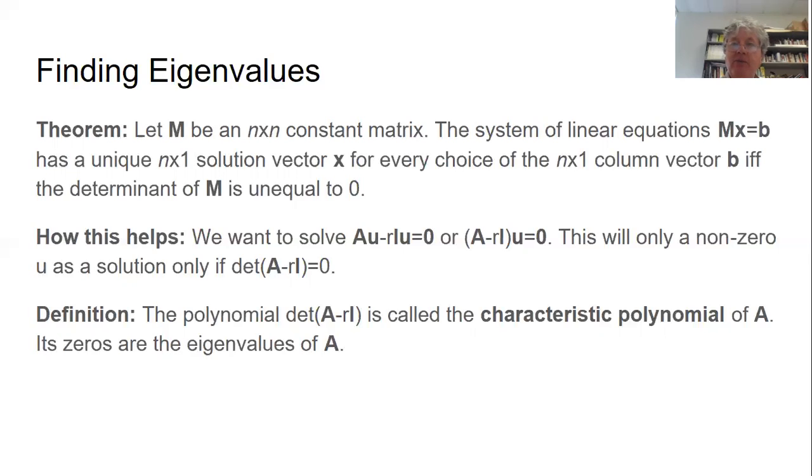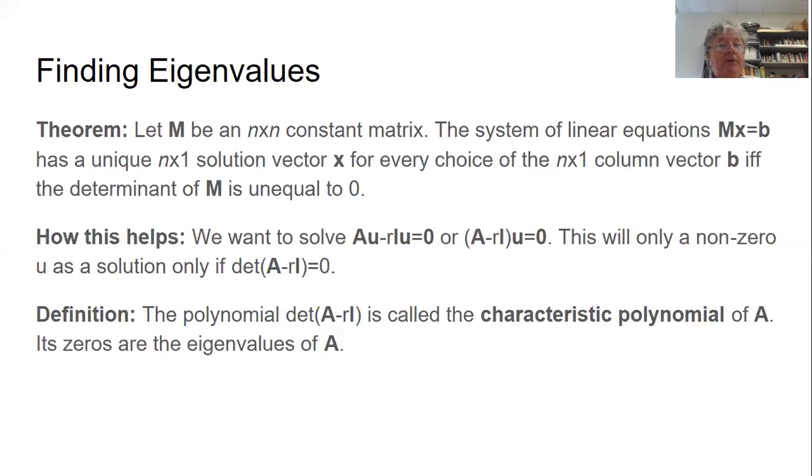And so how do we actually go about doing this? Remember, we want to solve Au equals ru. If we turn that into a matrix equation, we put everything on one side, and we see that it's the matrix A minus rI times the vector u equals 0. And this will only have a non-zero u as a solution only if the determinant of that matrix is 0.